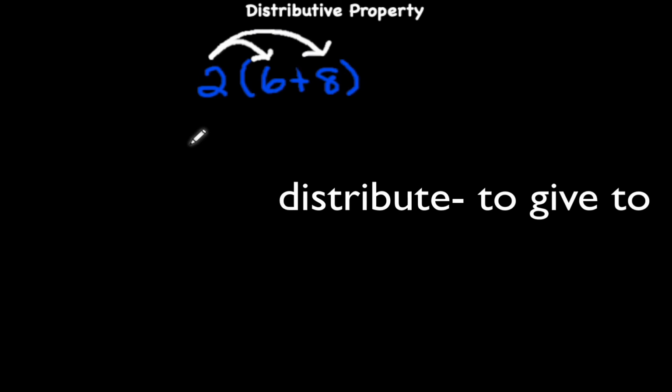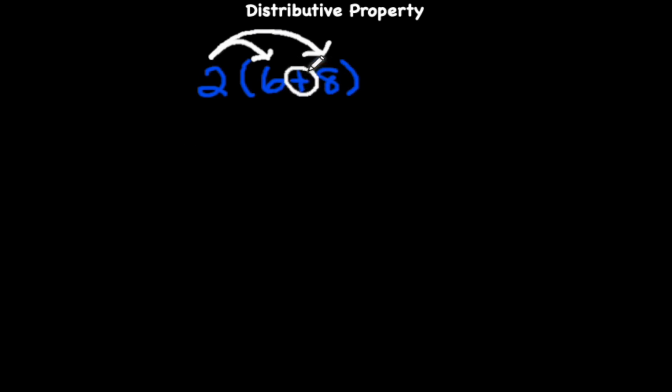Now, since we're working with the addition operator, which we see right here, we're going to distribute over addition. This is what you consider distributing over addition, right? So, for example, we're going to distribute the 2 to the 6, which is going to be 2 times 6 plus 2 times 8, right?